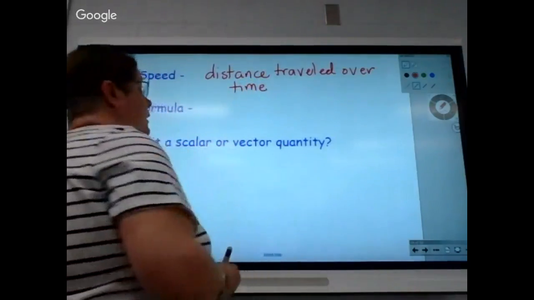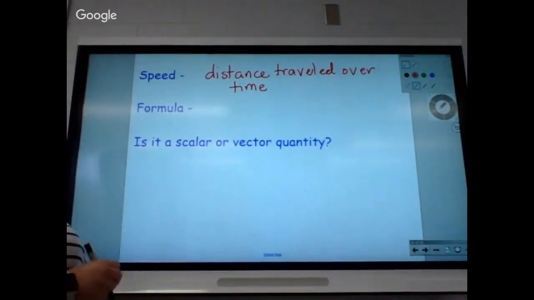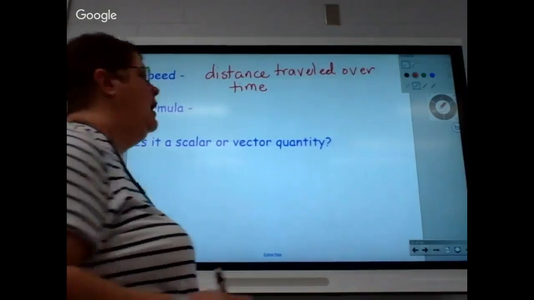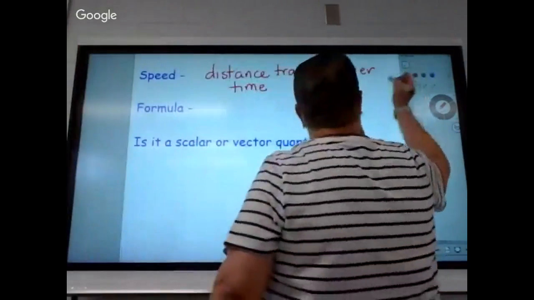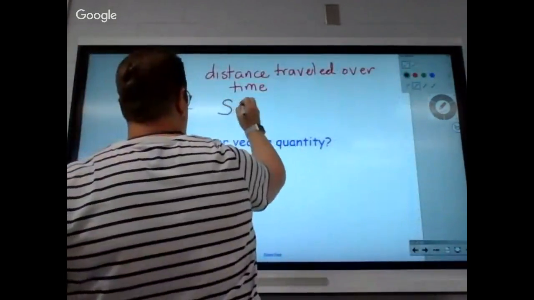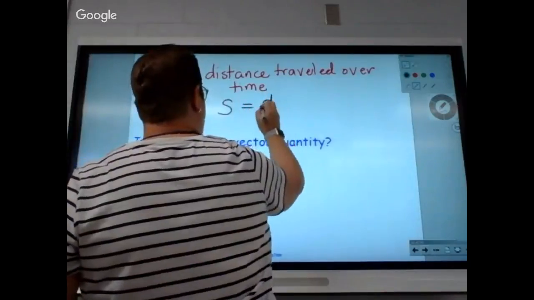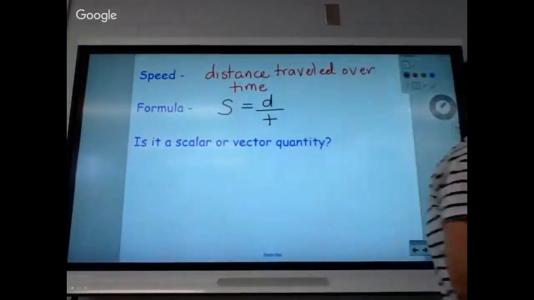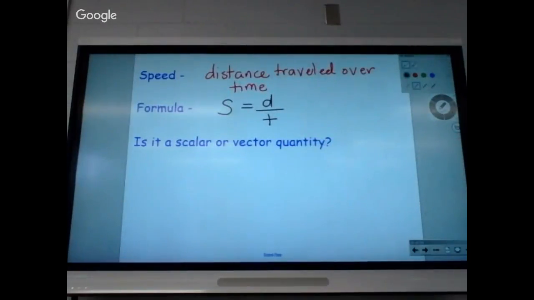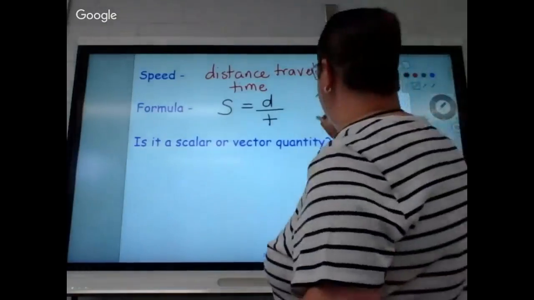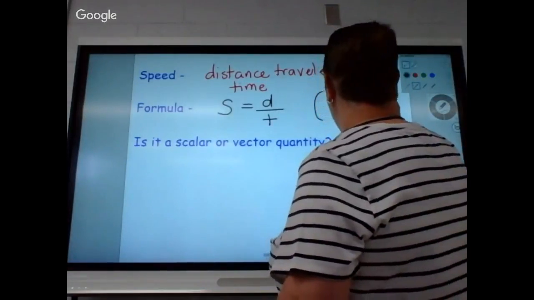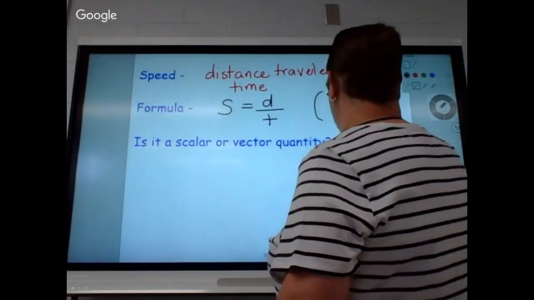Okay? Now, because we're talking about the distance traveled over time, the formula is really easy. And this is the only formula that is not, did everybody hear me say the word not? Not on that orange card. The reason it is not on the orange card is because it is the same as velocity.